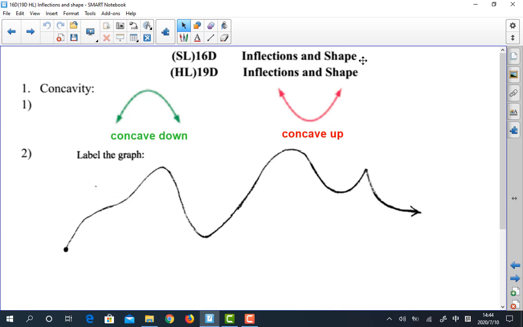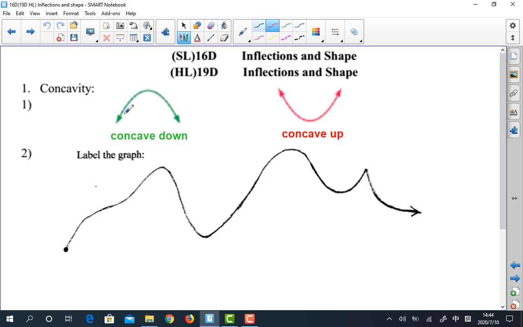Inflections and the shape. So, know the concavity. We introduced the concavity in 16C and 19C already. This one is called concave down. It opens downward, but sometimes for a function, it doesn't have to show the entire graph for concave down.